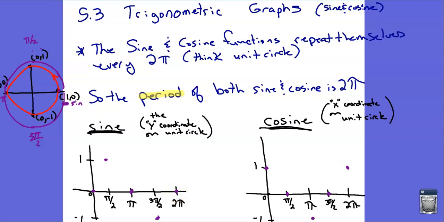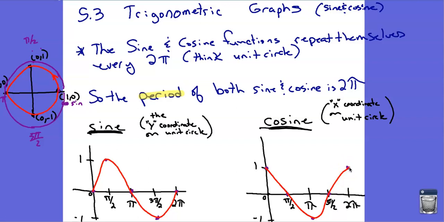Once I plot these and connect them, you can see what this is going to look like. It's going to look like a wave, up, down, up, down, up, down, and the same thing here. It's a matter of noticing where they start. So that's the basic sine function and cosine function.